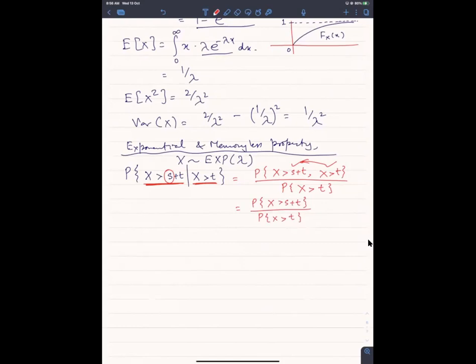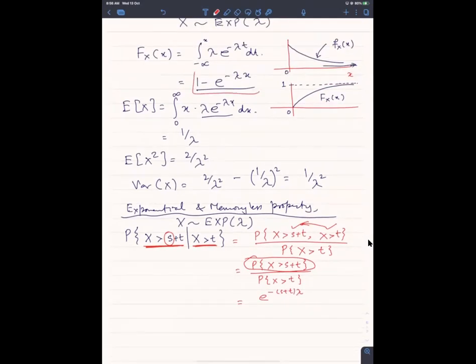इसको, this is 1 minus CDF. क्योंकि CDF होता है x is less than equal to. So x greater than होगा तो ये 1 minus CDF होगा. So इसको solve करें and you will be getting e to the minus s plus t lambda. So CDF आपके पास था 1 minus e to the minus lambda x. Okay.